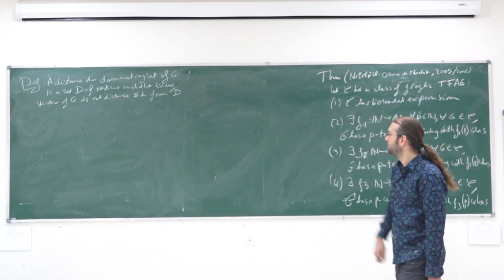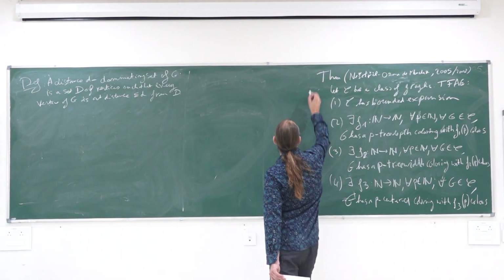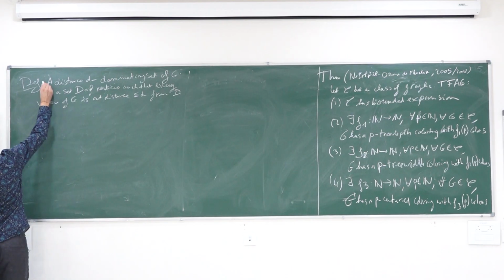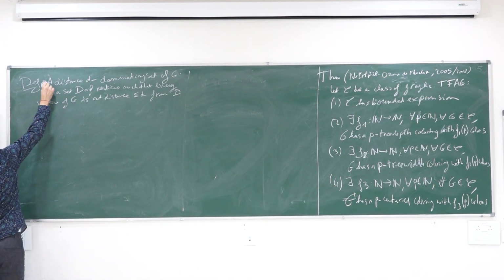If you take d equals 1, it is exactly the normal dominating set.